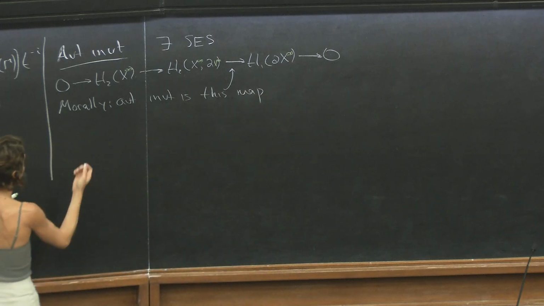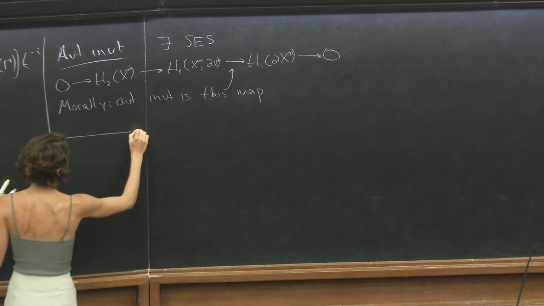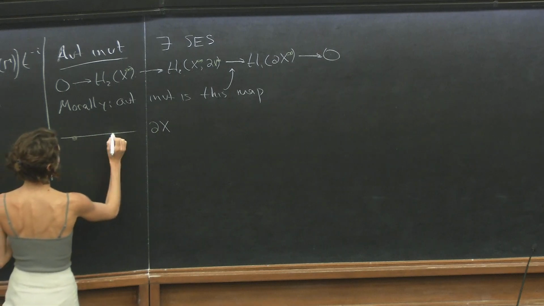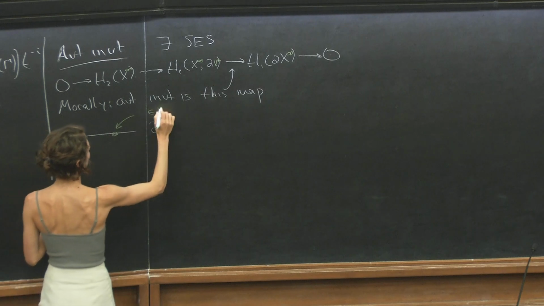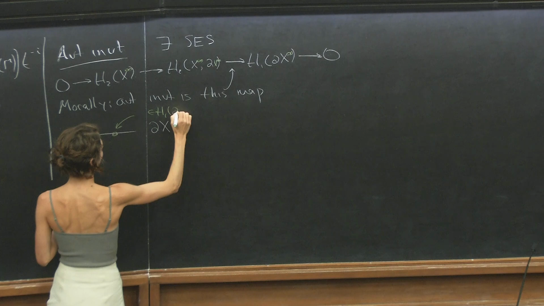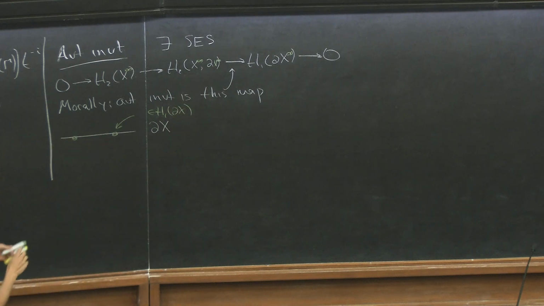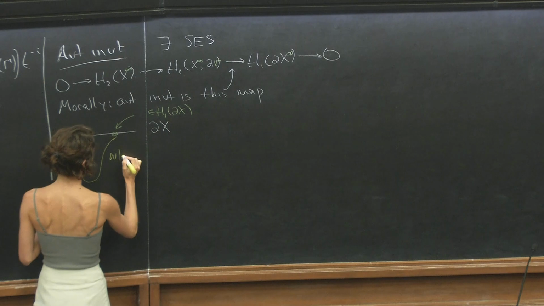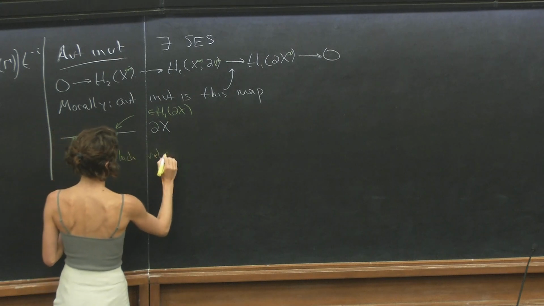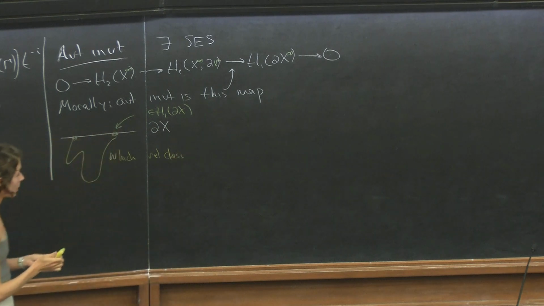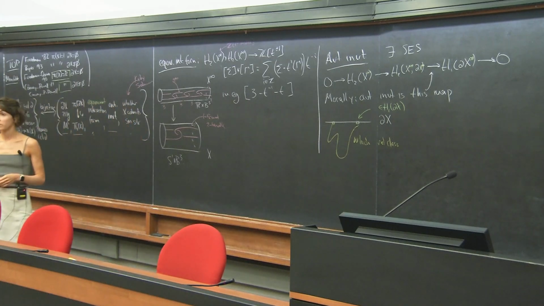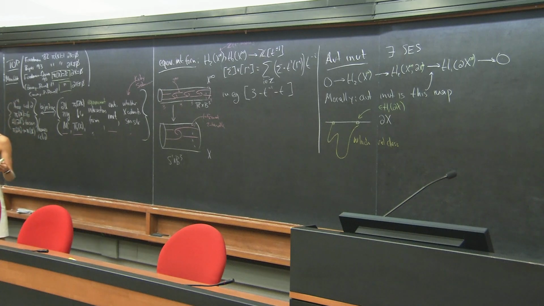In a picture, if you have your boundary manifold and you have some H1 class in there, what the automorphism invariant is telling you is which relative class it should be the boundary of. I'm not going to say anything more precise about what this invariant is. You can make it precise algebraically.